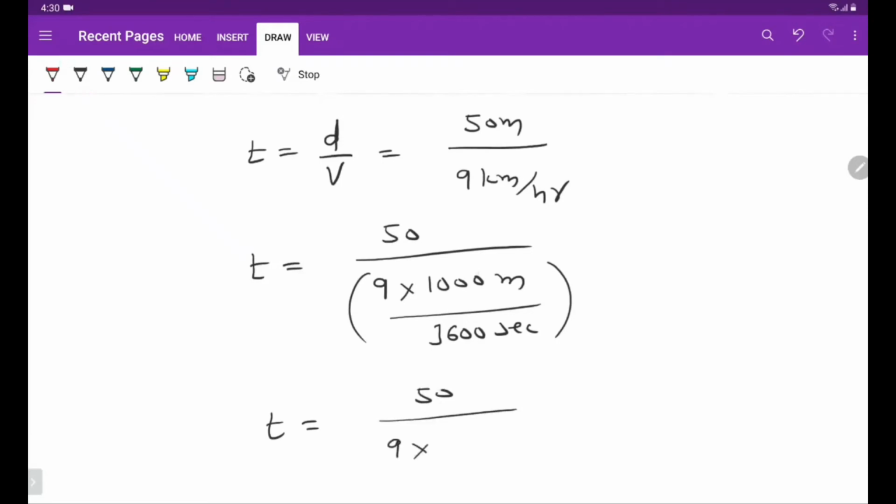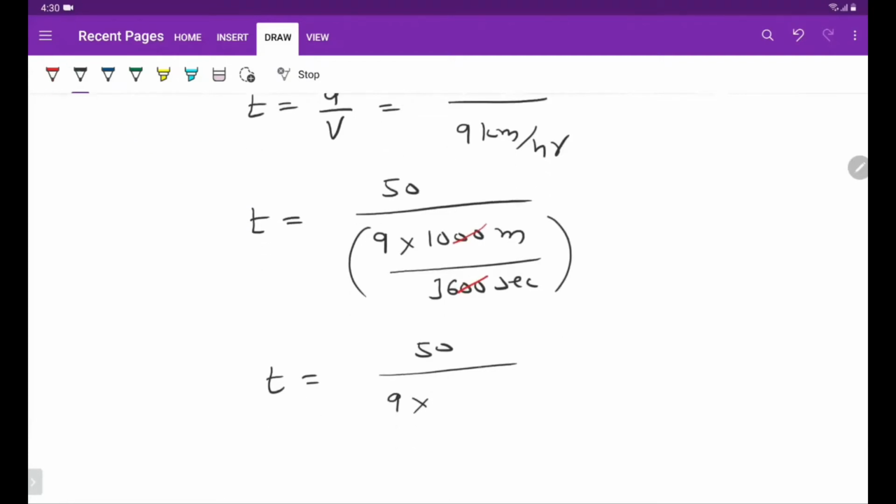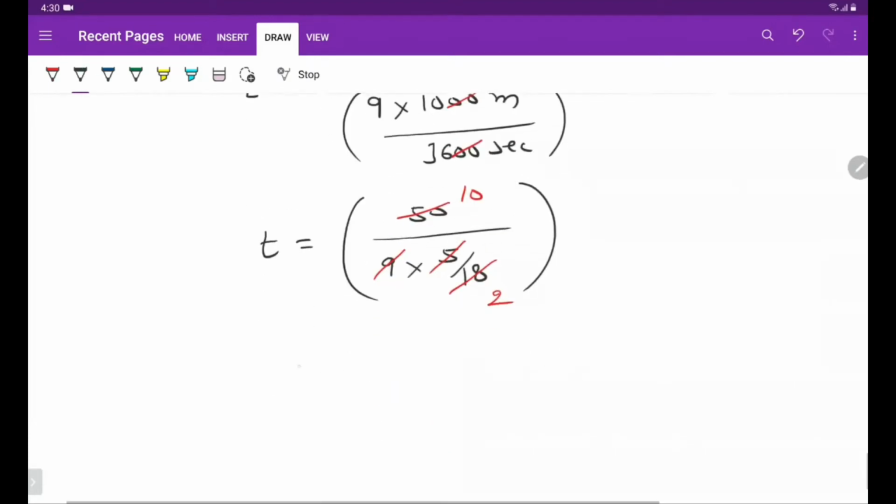Two zeros get cancelled, and 9 fours are 36, and 5 fours are 20. So we get T is equal to 20 seconds. So this is the answer.